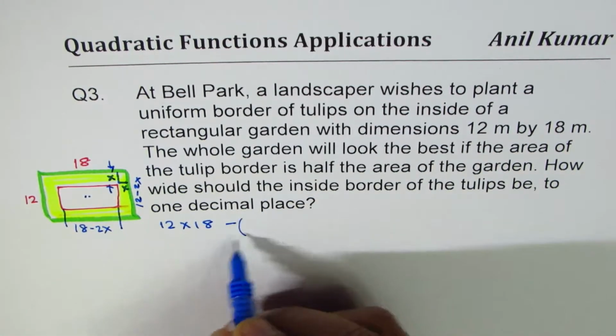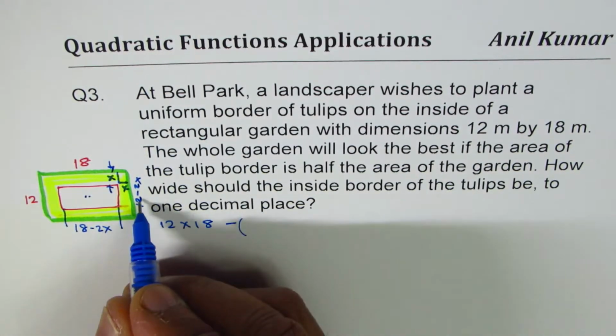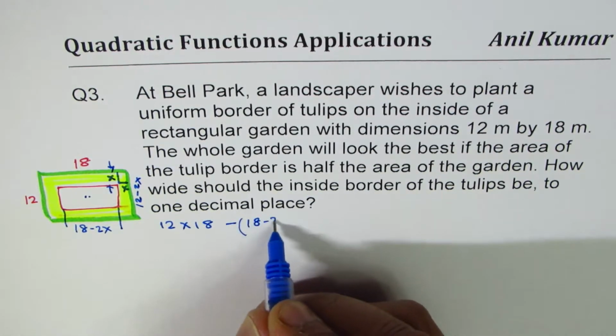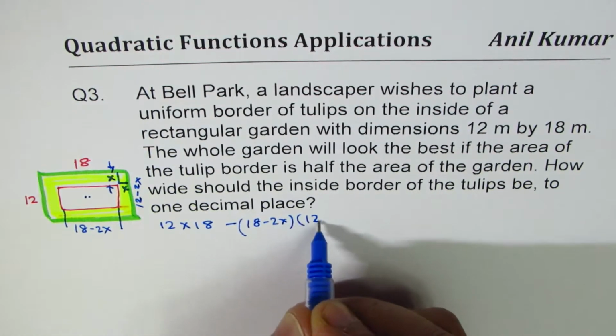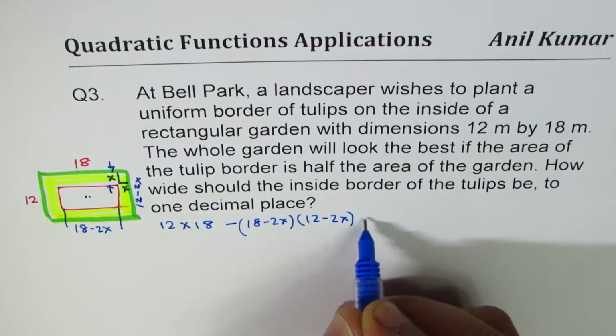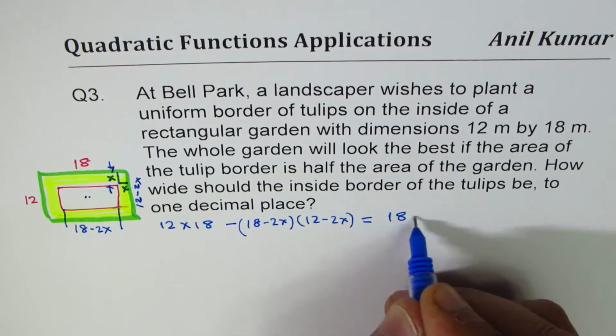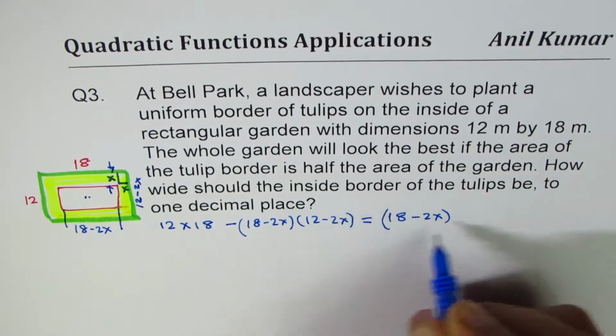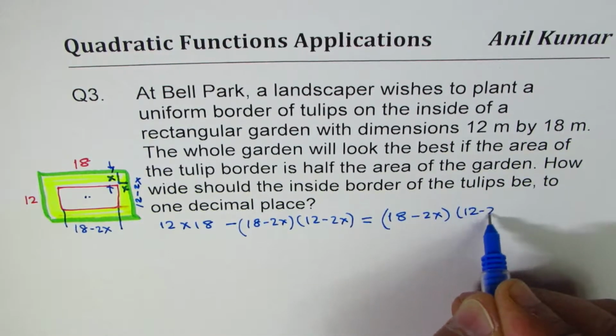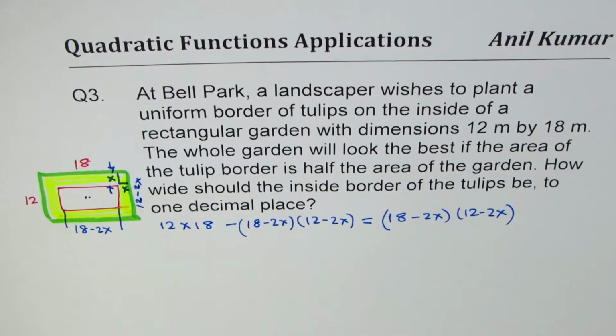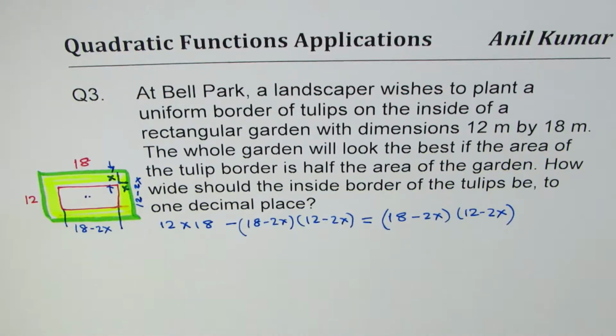Inside area is 18 minus 2x times 12 minus 2x, correct? Now that should be equal to the inside area, which is 18 minus 2x times 12 minus 2x. Perfect. So that is how you get your equation.